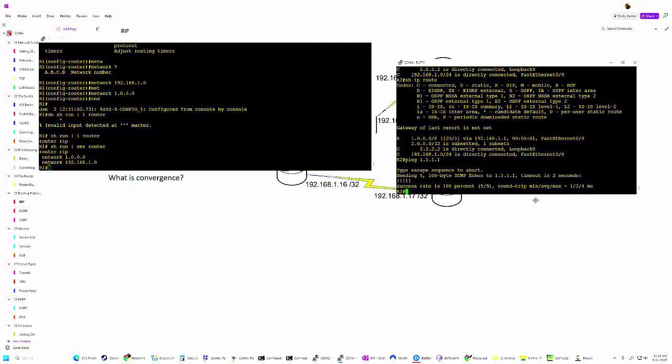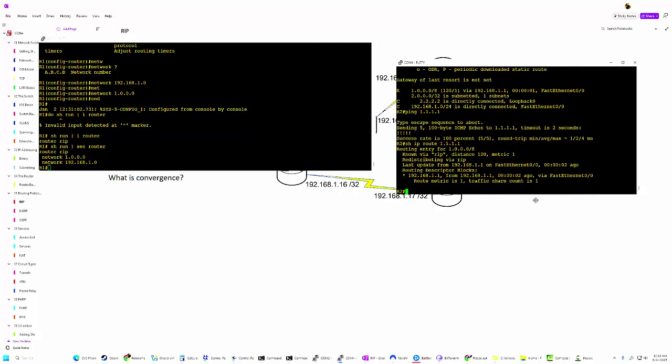Because in that show IP route, 1.1.1.1, okay, look, this route of a /8 is known via RIP with a different distance of 120. Okay, and there it is. Here's my administrative distance. Here's my metric. Okay? Why is it 1? Because it's 1 hop away.